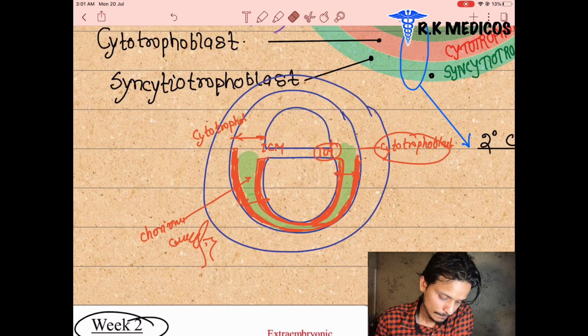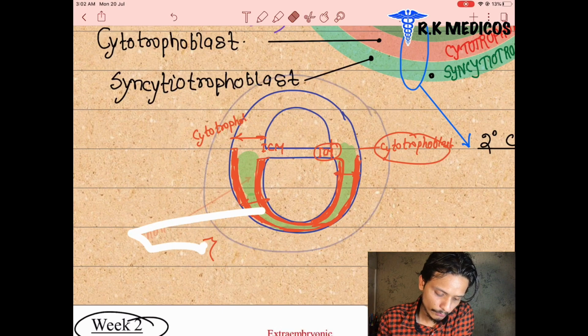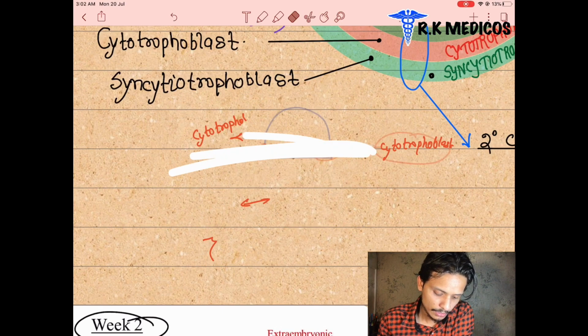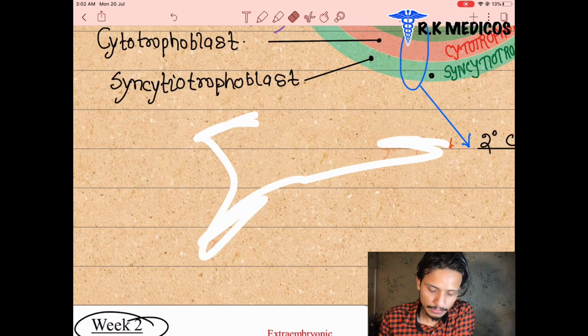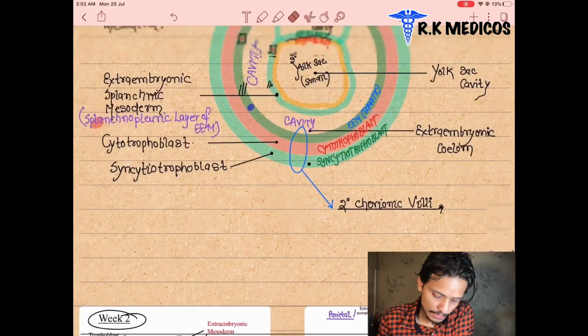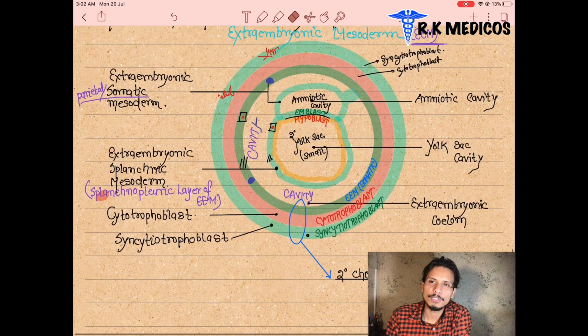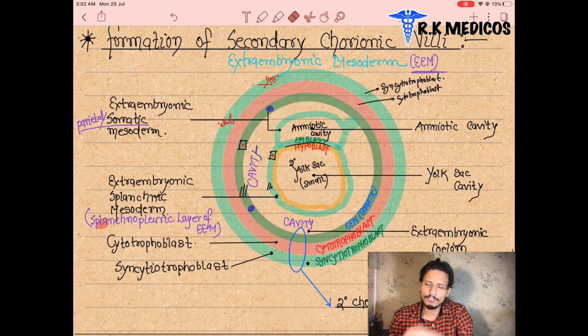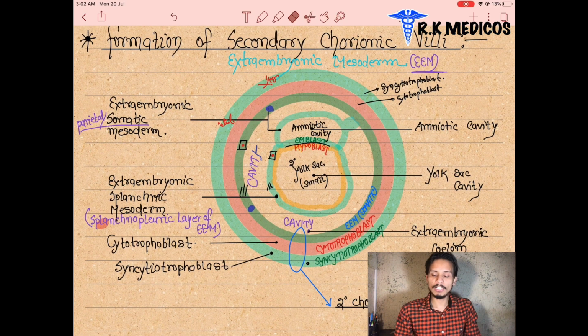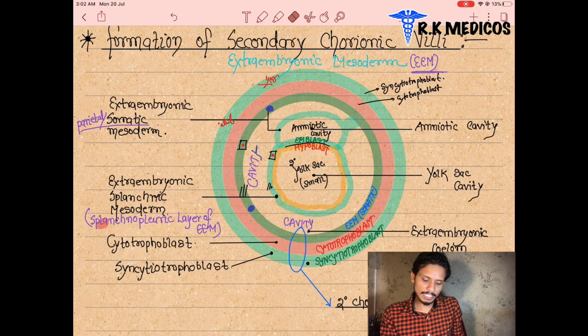Hope it will be clear for you now where the extra embryonic membrane is located, and where the cytotrophoblast, syncytiotrophoblast, yolk sac, amniotic cavities, and everything are. Now you can look at it and understand what is happening here.